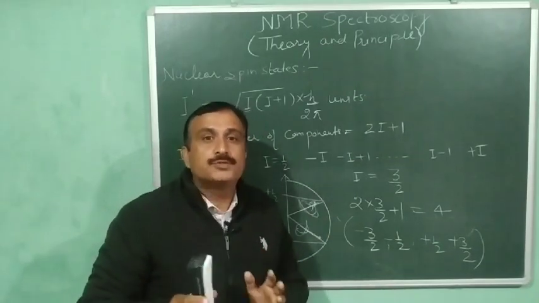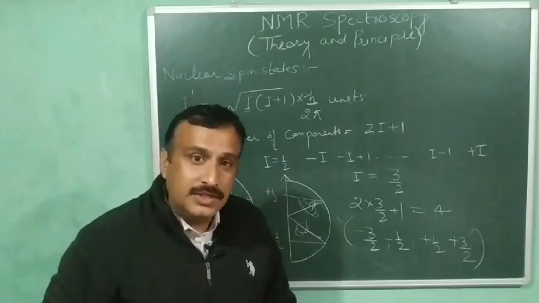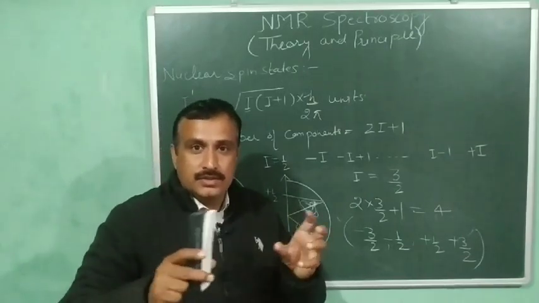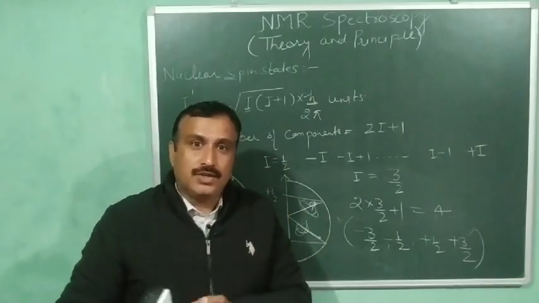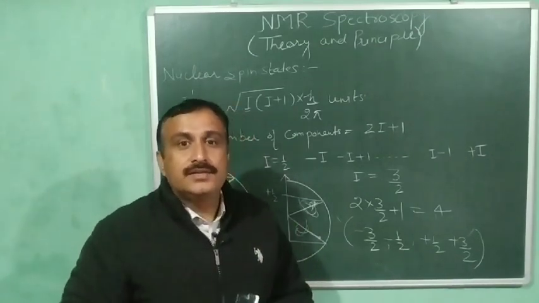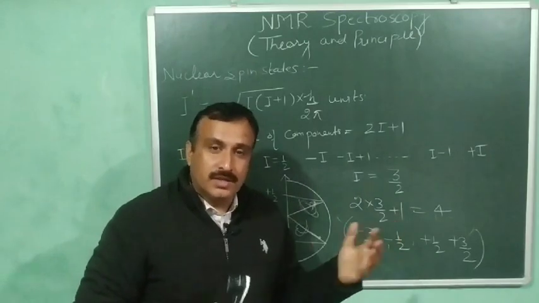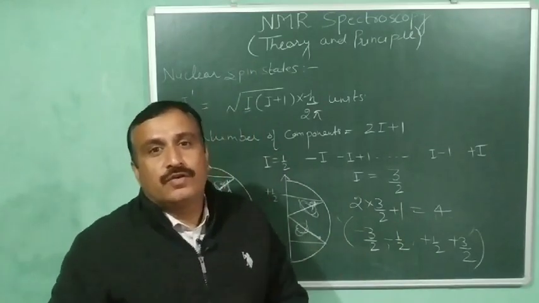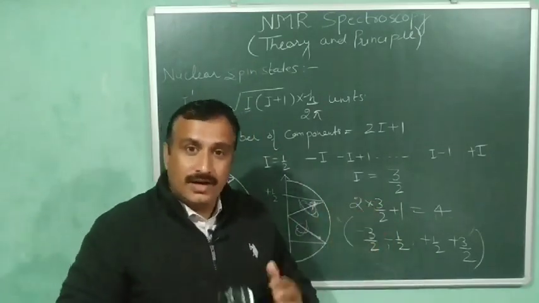These nuclear spin states are degenerate. That is, these nuclear states have the same energy. But when an external magnetic field is applied across the nucleus, then the degeneracy of these states is lifted.